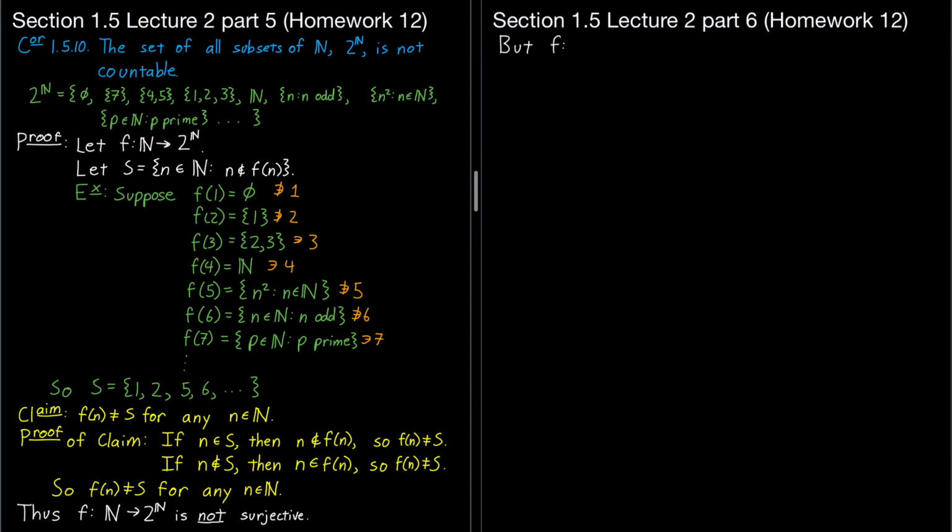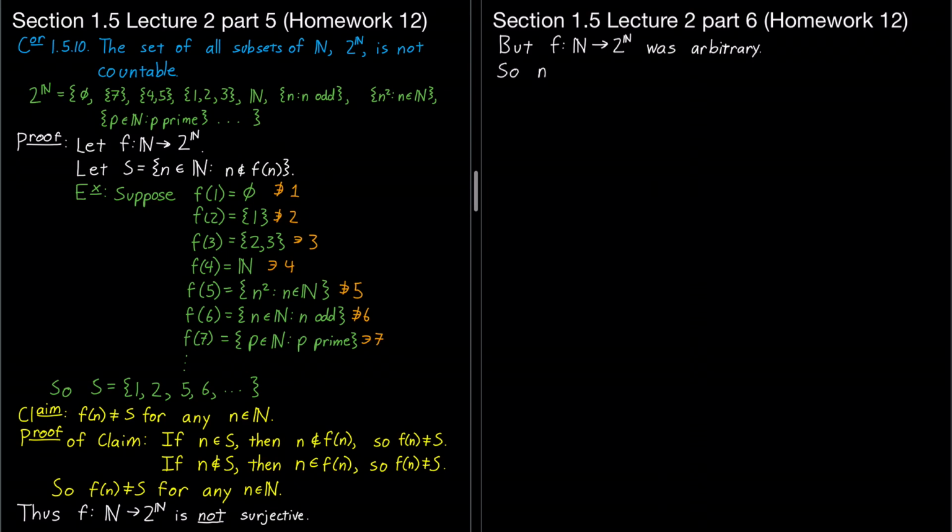But f was arbitrary. All we've used is the fact that f is a function whose domain is N and whose range is 2 to the N. And we've shown that it is not surjective.